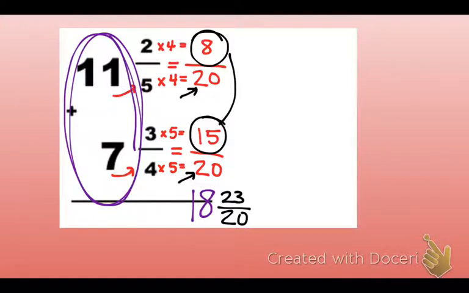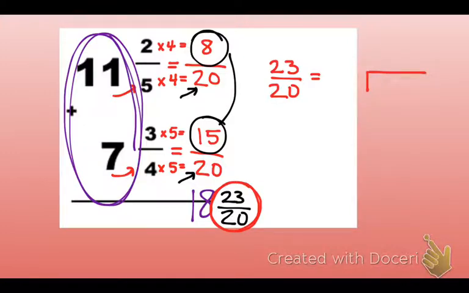So if we take a look at this whole number now, remember, we have that special kind of fraction, which is an improper fraction. So I'm going to split that fraction apart away from the whole number for just a second and go ahead and work with it. Let me go ahead and do it up here. So we have 23/20. Now since we have that improper fraction, I'm going to go ahead and create just a little fraction like so. 20 goes into 23 one time.